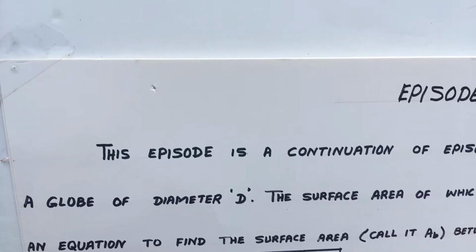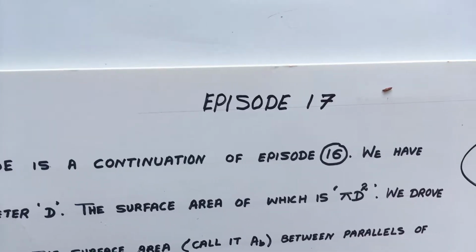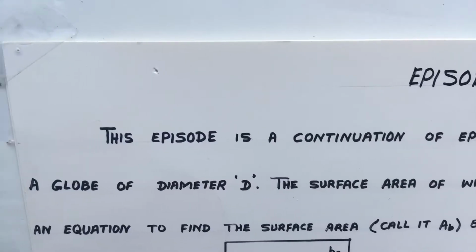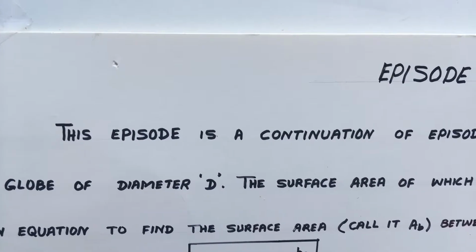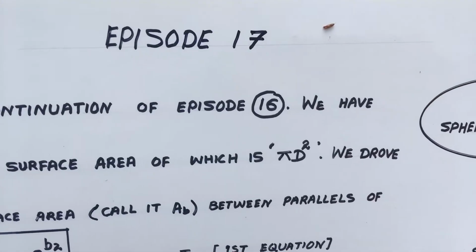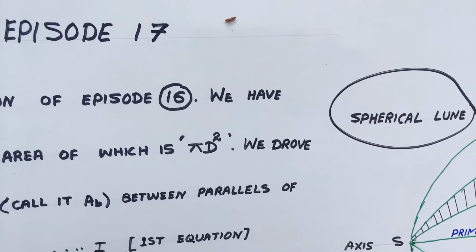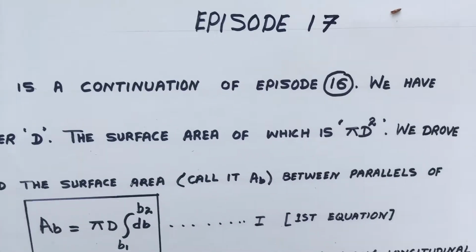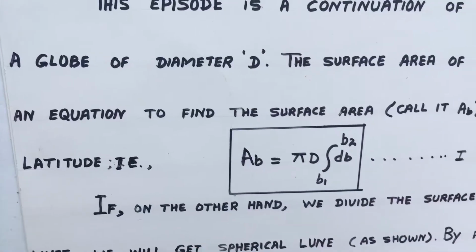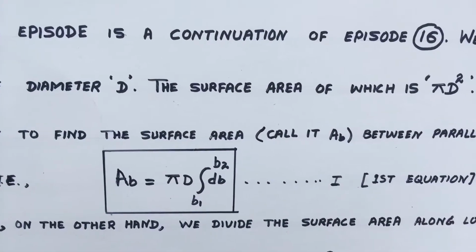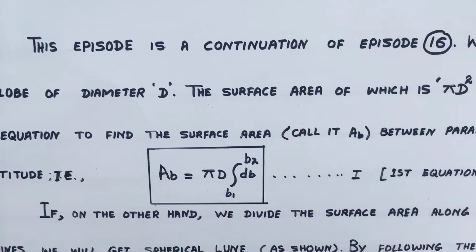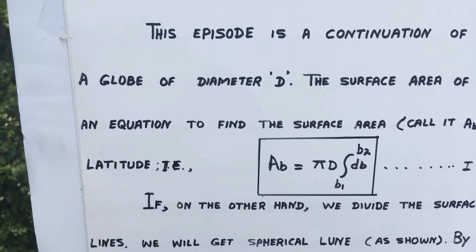This episode is a continuation of episode 16. We have a globe of diameter d, the surface area of which is pi d square. We derived an equation to find the surface area between parallels of latitude.